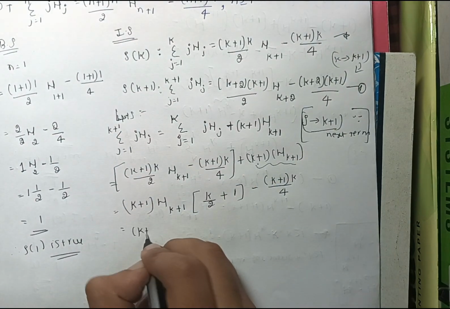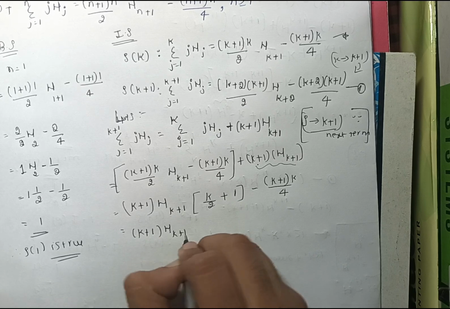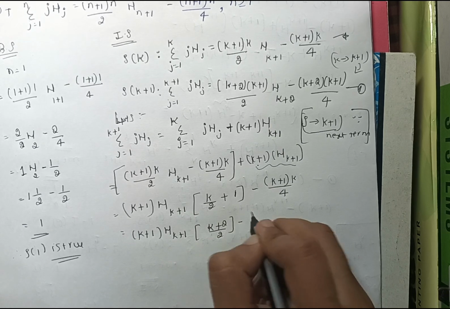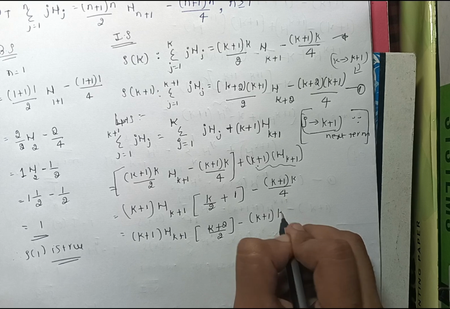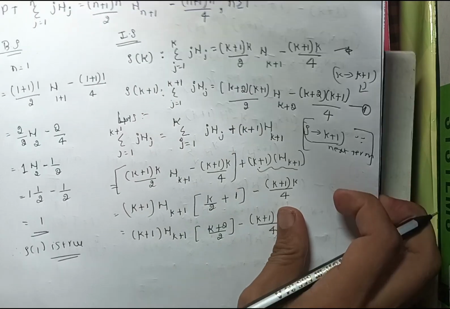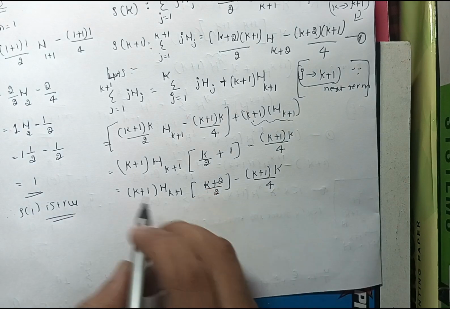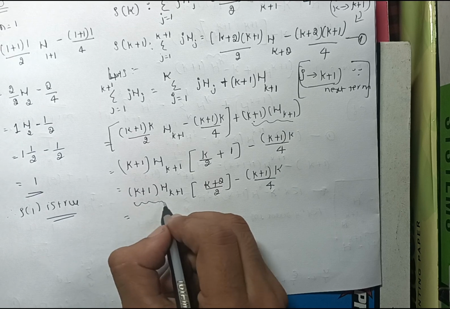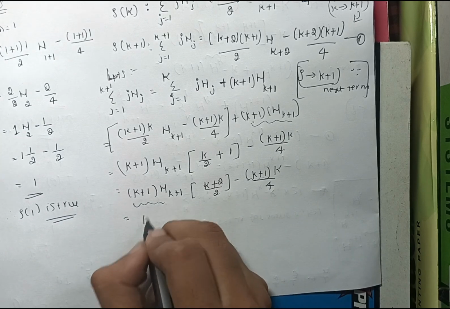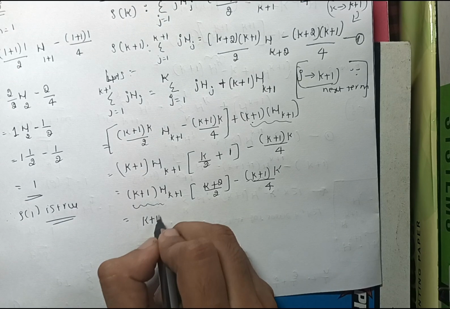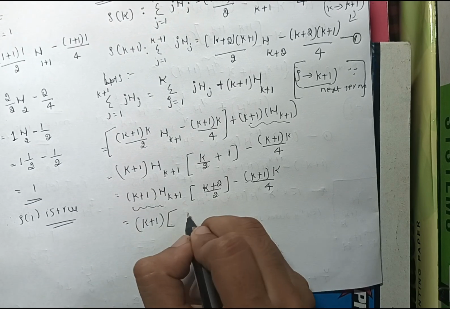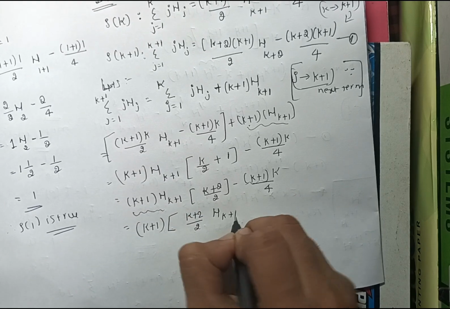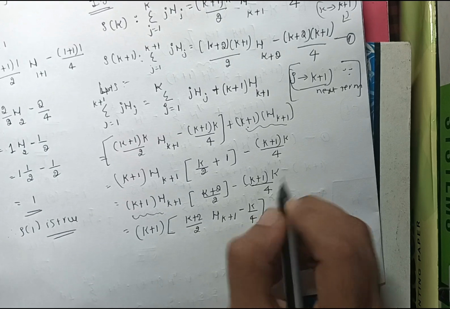That is k plus 1 h of k plus 1, then here is k plus 2 by 2, minus k plus 1 k by 4. Now what should we do next? Is there any common again? Yes, k plus 1 is common in these terms. Take it outside, then it becomes k plus 2 by 2, here h of k plus 1 minus k by 4.